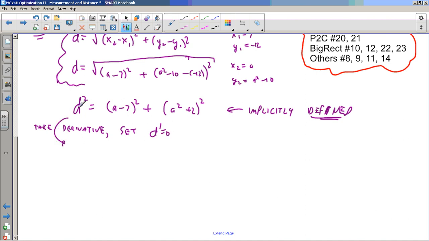So watch this. This is an implicitly defined function. It's a chain rule, so it's 2D and then D prime, right? The 2 comes down in front, write down the inside thing, and then the derivative of the inside thing is D prime. And then here, I'm taking the derivative with respect to A in this case. So then I'd have the 2 comes down, A minus 7, derivative of the inside thing is just 1.